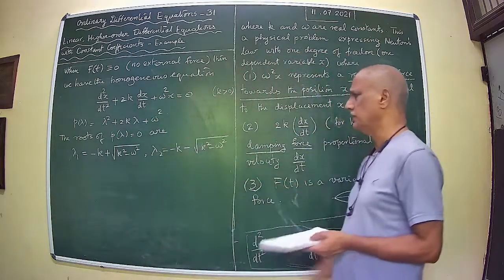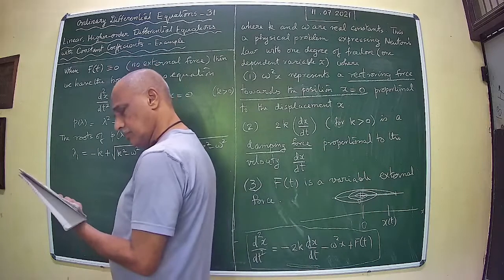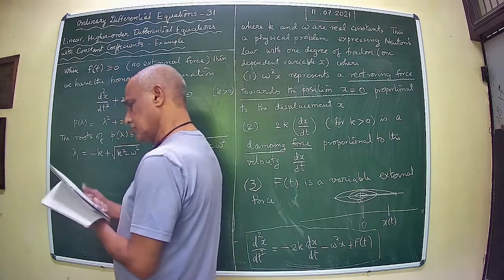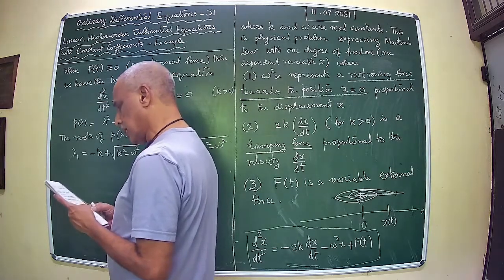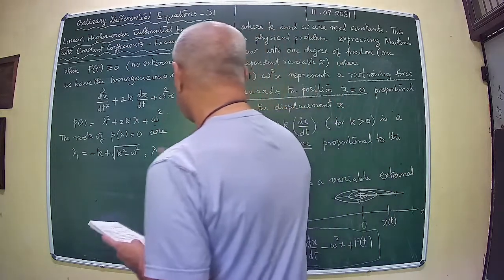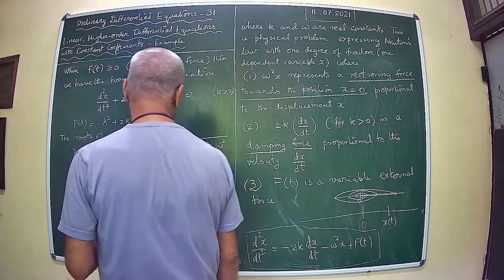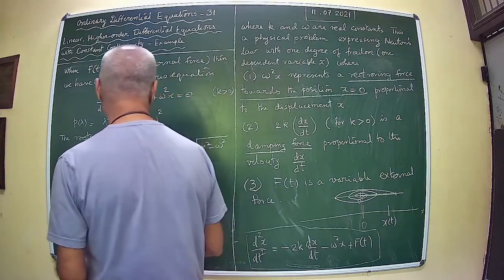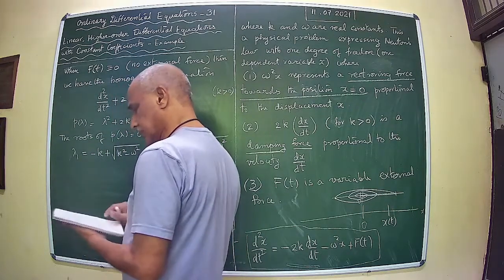All sorts of situations can arise, but we are assuming now omega is a real constant. Now if omega happens to be 0, then you will get minus k plus k and minus k minus k. Those scenarios we can look into separately.